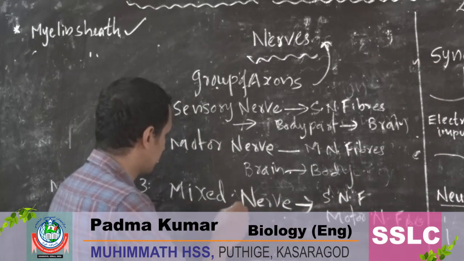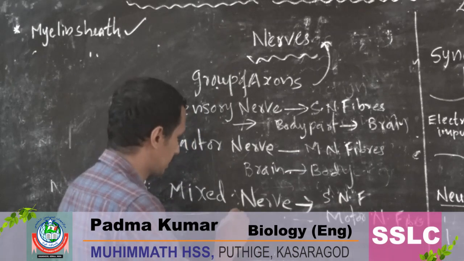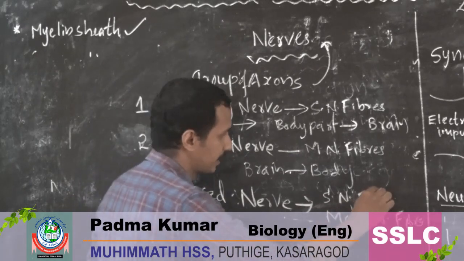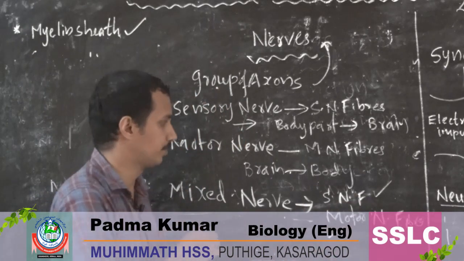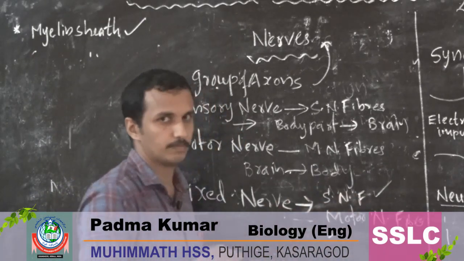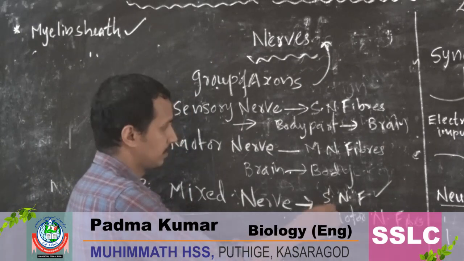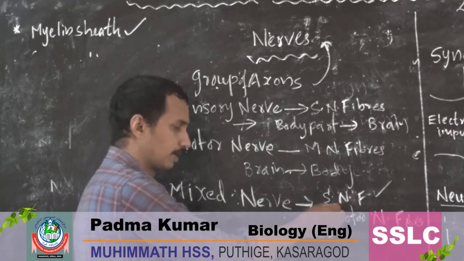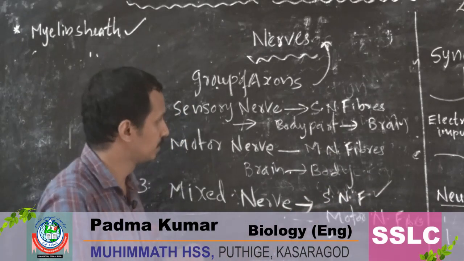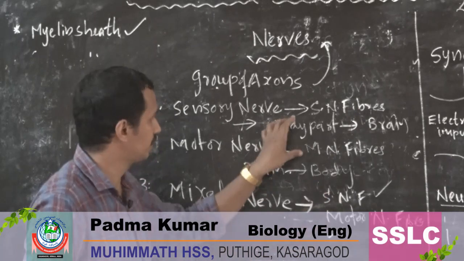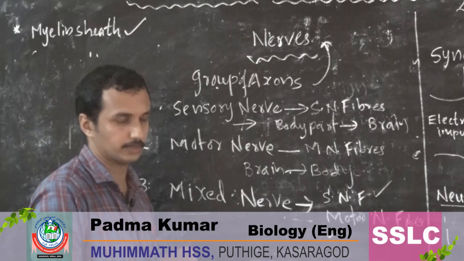Then there is a third one that is called a mixed nerve. It is made up of sensory nerve fibers and motor nerve fibers. Then what will be the function? Because it is made up of sensory nerve fibers and motor nerve fibers, it performs both the functions of sensory nerve cells and motor nerve cells.